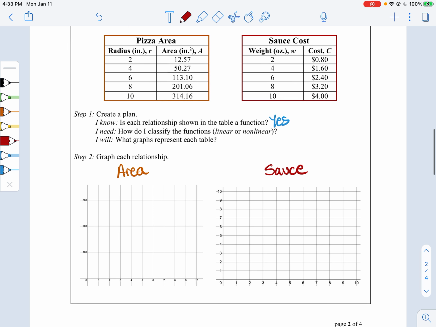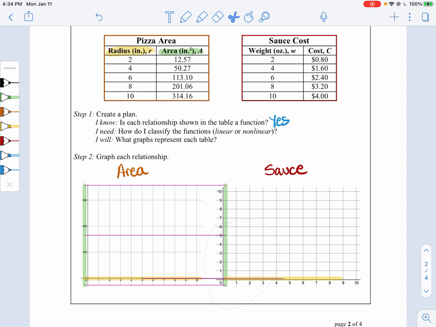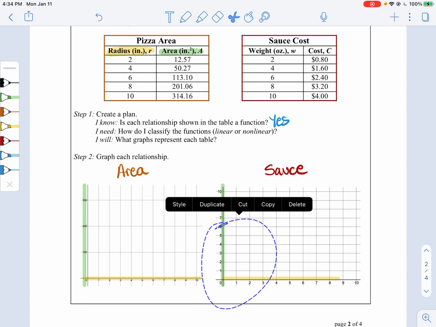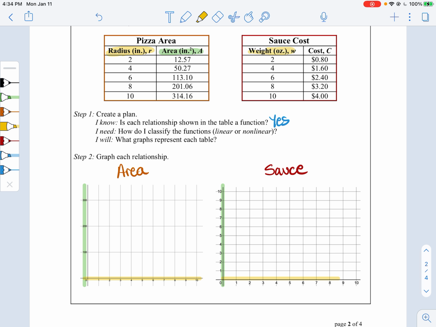So what we're going to do is put our dependent variable on our vertical axis. So area will go here, and we'll put our independent variable, which is the radius of the pizza, here. Same pattern on this graph. You're always going to put the independent variable, which is weight, horizontal, and the dependent variable, which is cost, vertical.